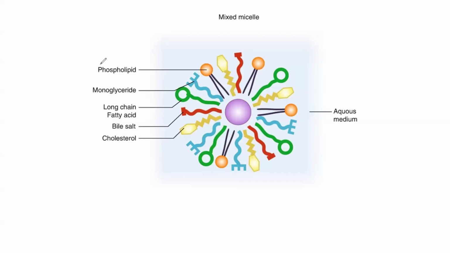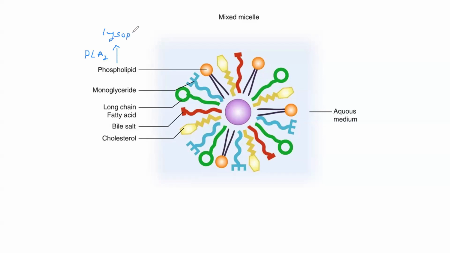Usually there are products generated. For example, the enzyme that works on phospholipid is phospholipase A2, and once this enzyme works on phospholipids, a lysophospholipid is generated.